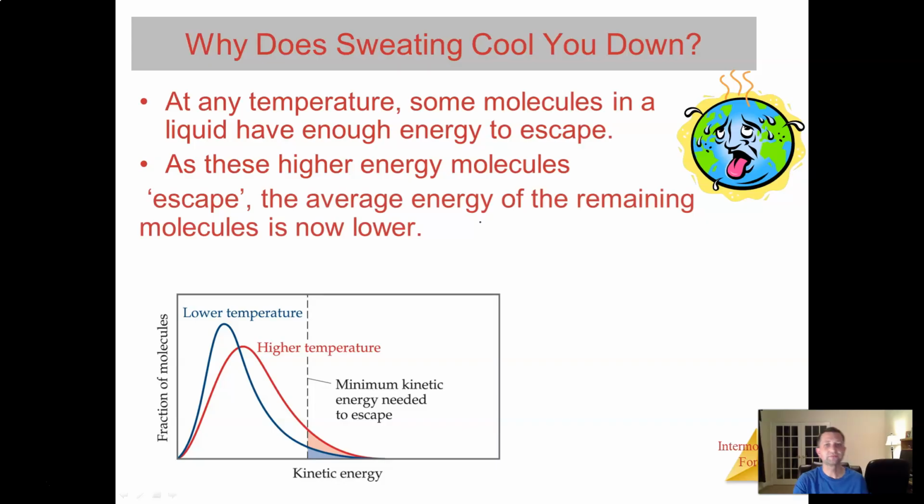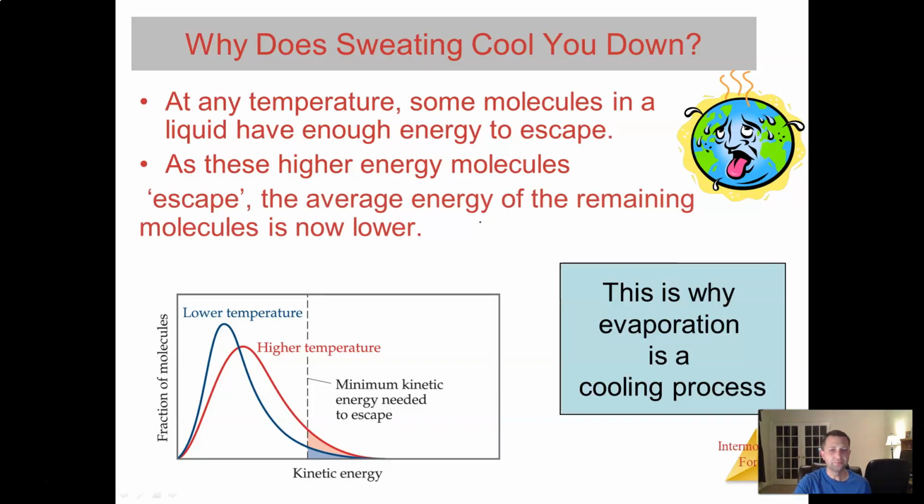That's what I have here. If you look at this curve, this is called a Maxwell-Boltzmann distribution. We'll talk more about these in the kinetics unit as well. Look at the blue line here. You have a liquid at a relatively low temperature. Look at your y-axis, fraction of molecules.